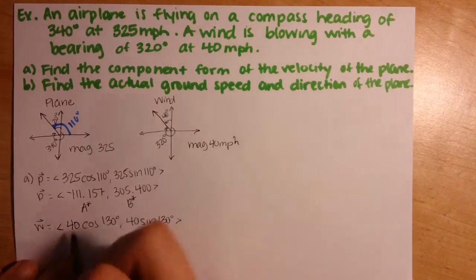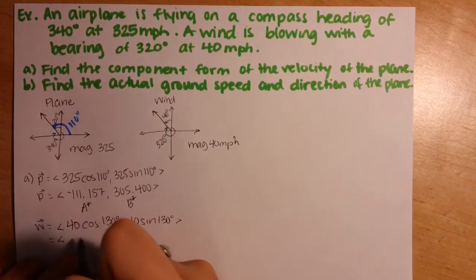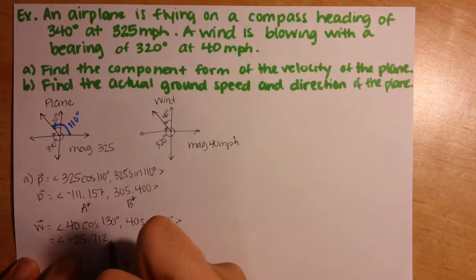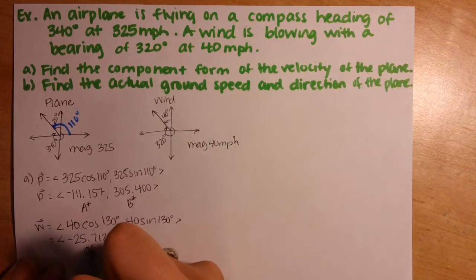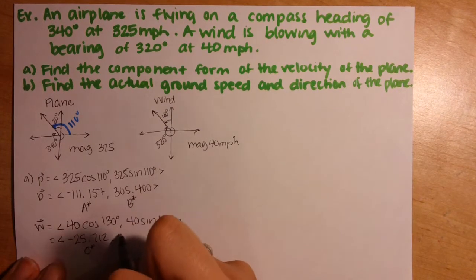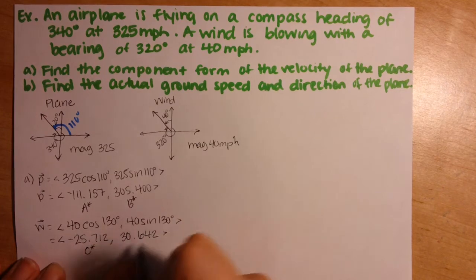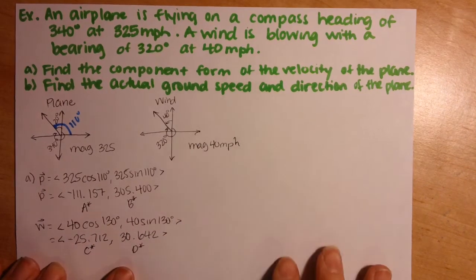And put that in the calculator. We get negative 25.712, which I will store as C, and 30.642, which I will store as D.